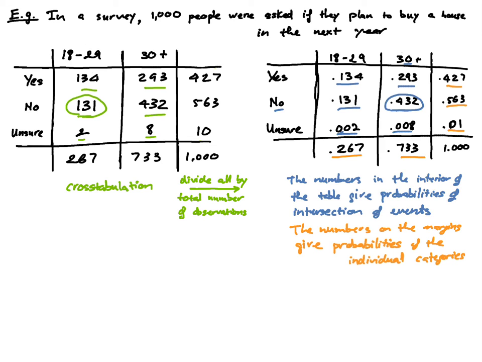So this kind of table is extremely powerful in a sense that it gives you all the information you need to compute a bunch of conditional probabilities.